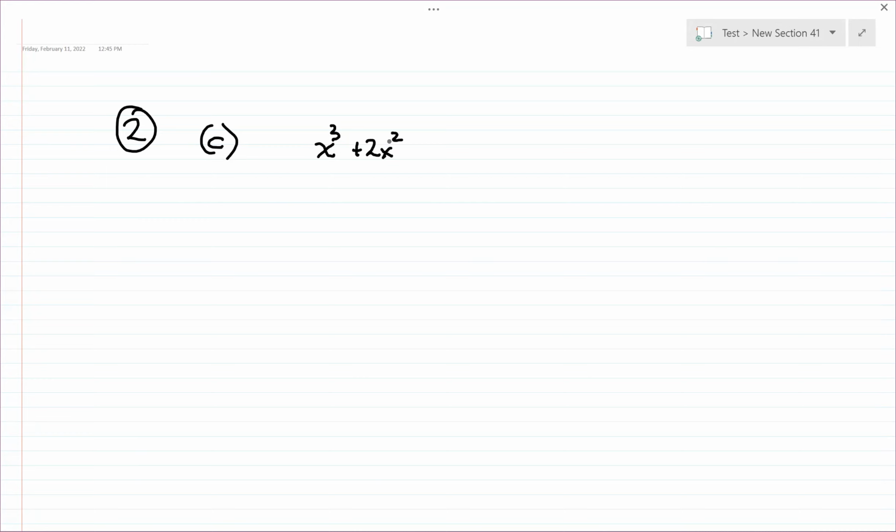Okay, and then the next one is minus x squared plus 3x plus 1. Was it plus 3x? I think it could be minus 3x. No, I have it right, plus 1.